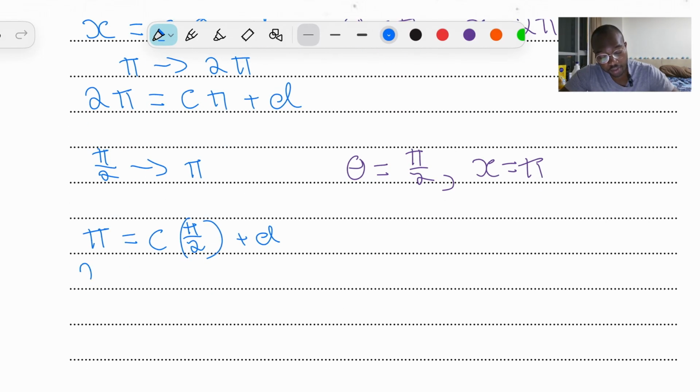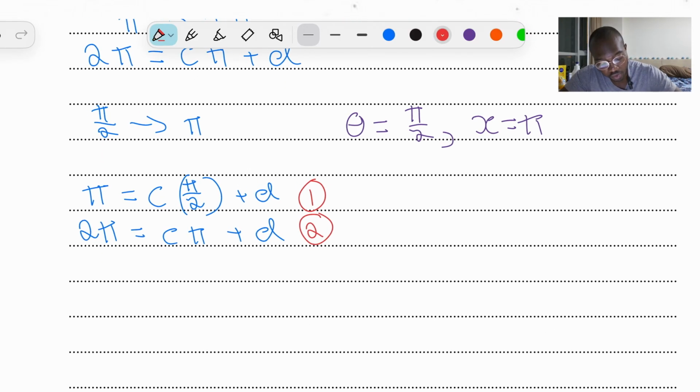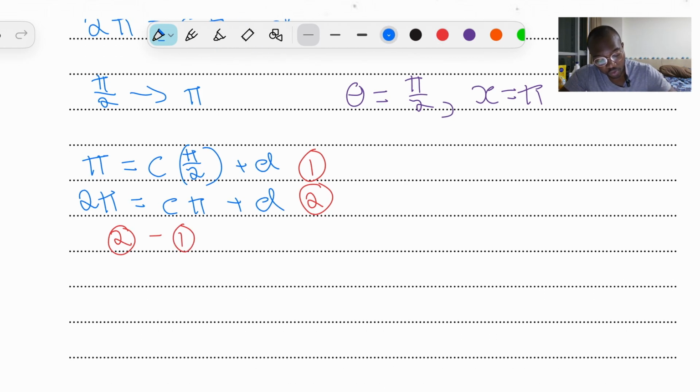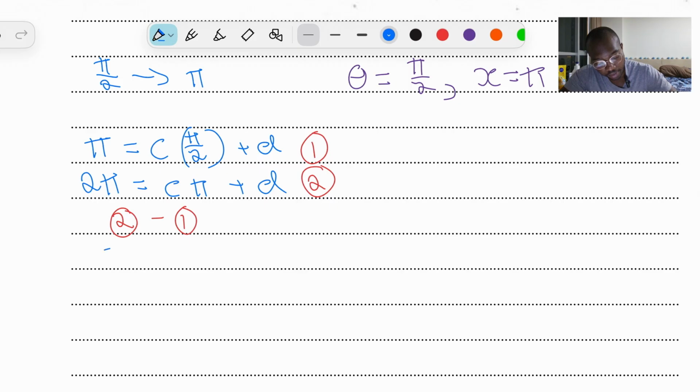And therefore, if we write down the other equation we had, 2 pi is equal to c pi plus d. And as you can see, we have this type of equation. Let's label this equation 1 and equation 2. As you can see, our d's would cancel out any way we do it. So I'm going to do equation 2 minus equation 1. So that therefore I'll do 2 pi minus pi, so I get a positive pi. Then I get c pi, I'm going to leave this as c pi minus c pi over 2.